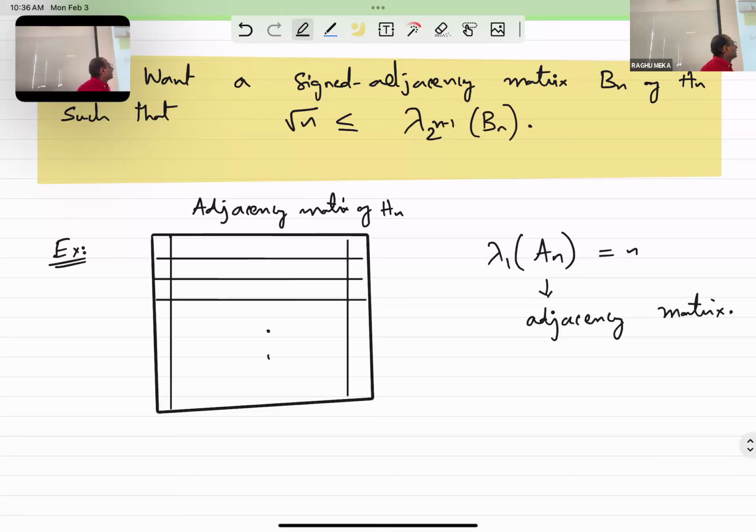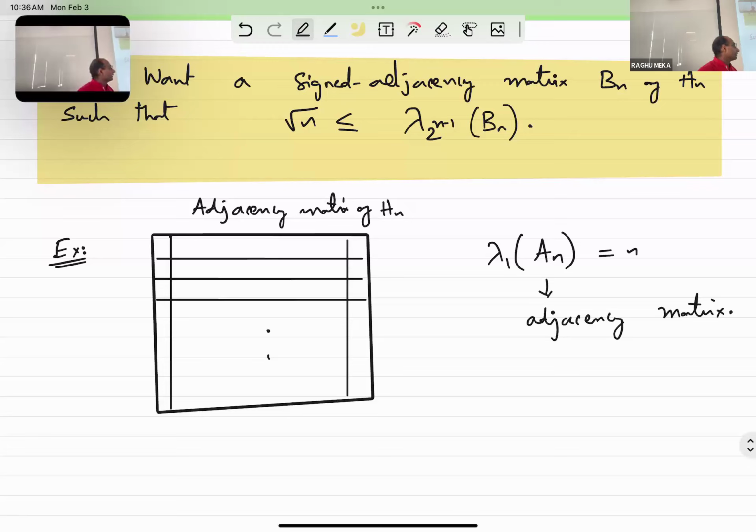But it turns out that we were shooting for root n, but we're getting n. The problem is that it has many, many eigenvalues which are bad, much, much smaller. The largest is much larger than what we want. But if I ask for the middle eigenvalue, that is going to be very small, and you can check that by a simple calculation.